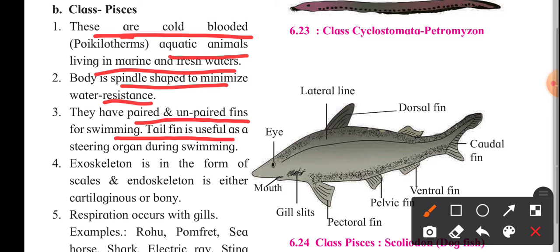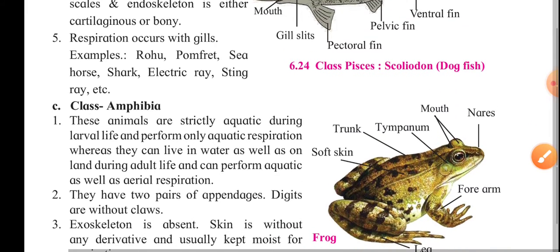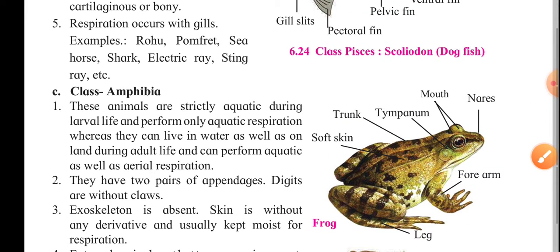The tail fin is useful as a steering organ during swimming, meaning to change their direction. The exoskeleton is in the form of scales, and the endoskeleton is either cartilaginous or bony. Respiration occurs with the gills. Examples are rohu, pomfret, seahorse, shark, electric ray, and stingray, etc.